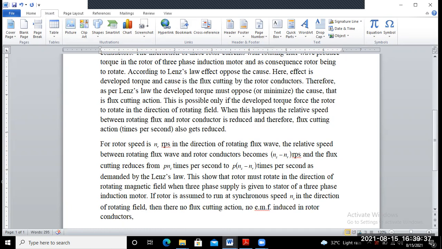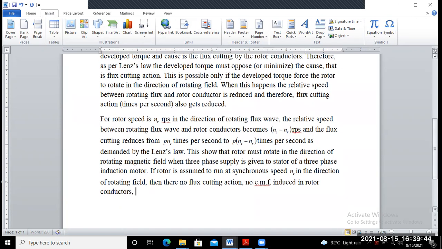That means no current in the rotor bars.